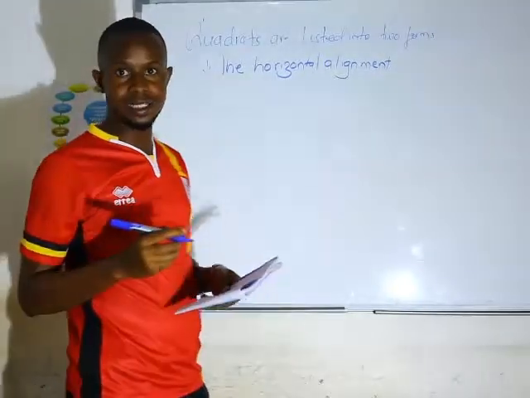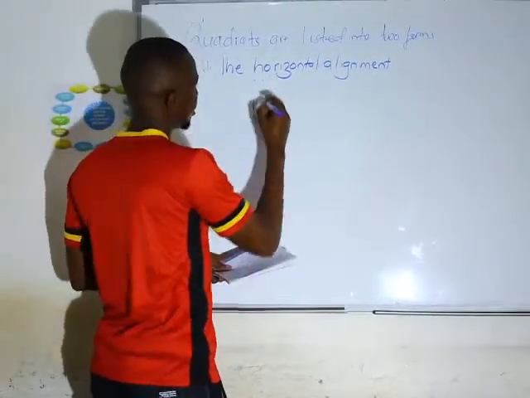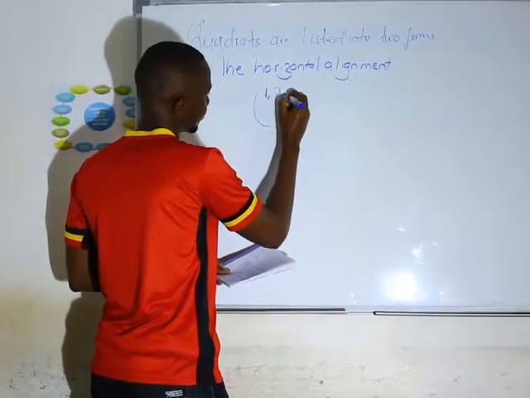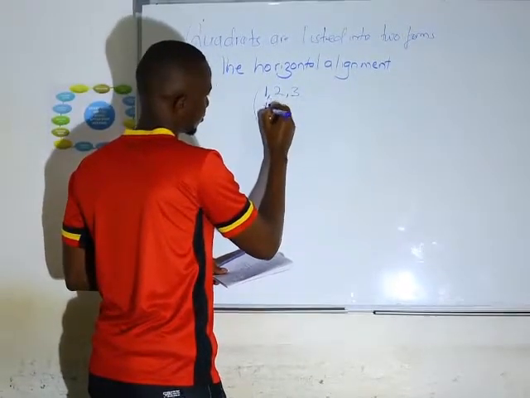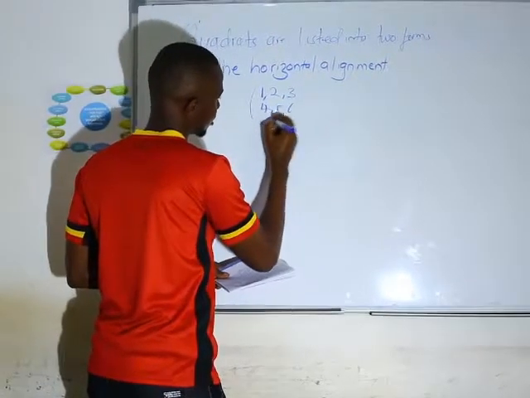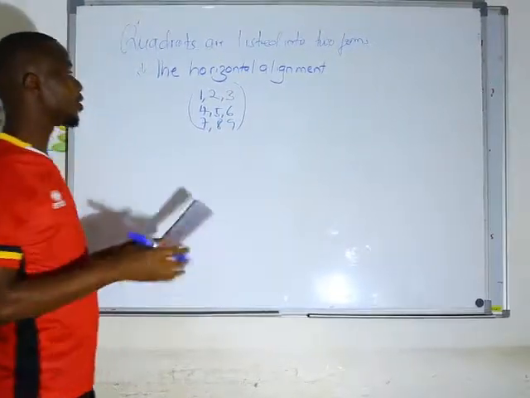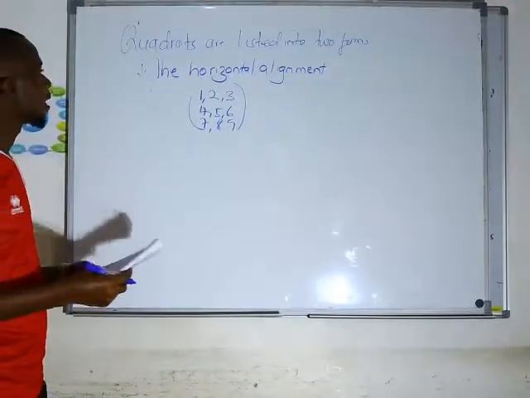So how do we write the horizontal alignment? This is the horizontal alignment.